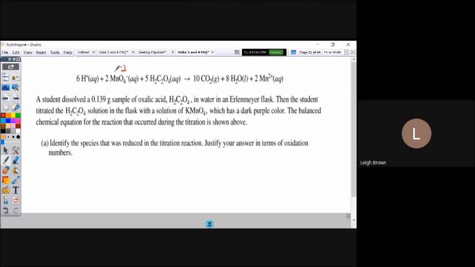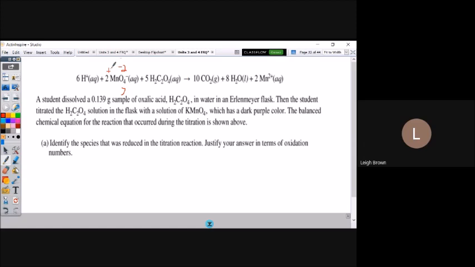But I do need to know what this manganese is, because manganese is usually something that's going to be oxidized or reduced, and you might already know the answer because this is a very common redox reaction. But notice I have a bunch of oxygens. All the oxygens together are -8. And overall the ion has a -1 charge. So that tells me that this manganese has to be +7.